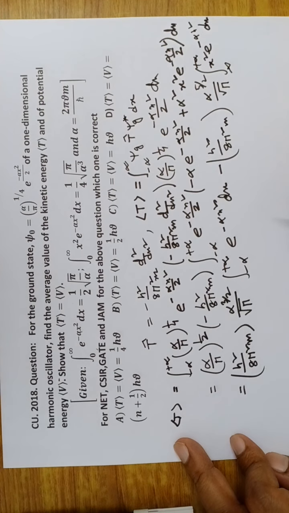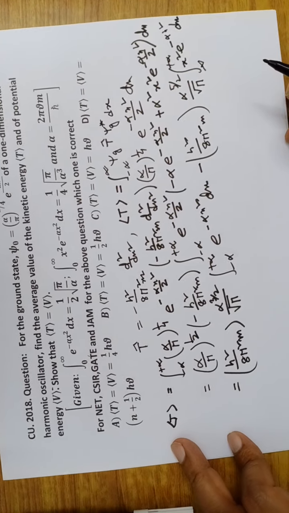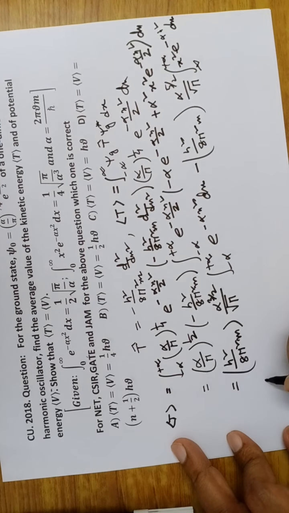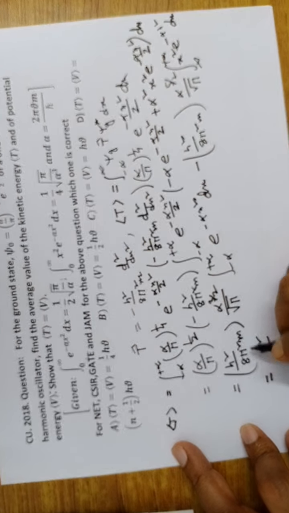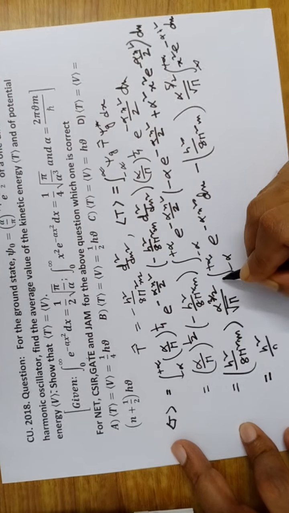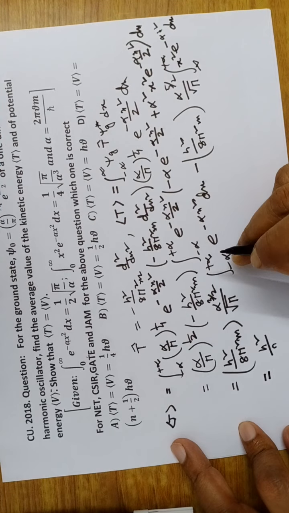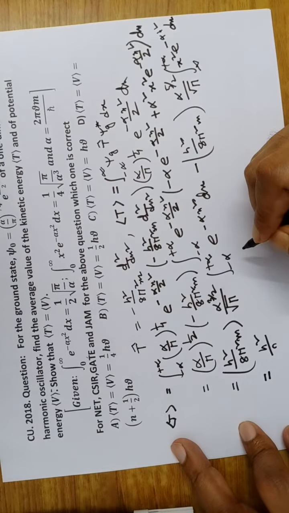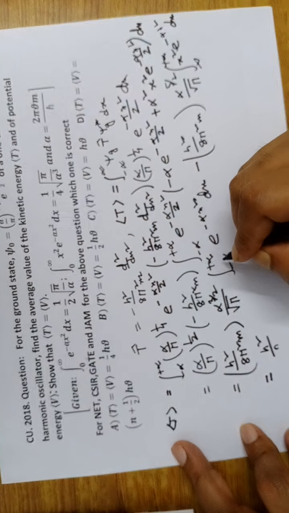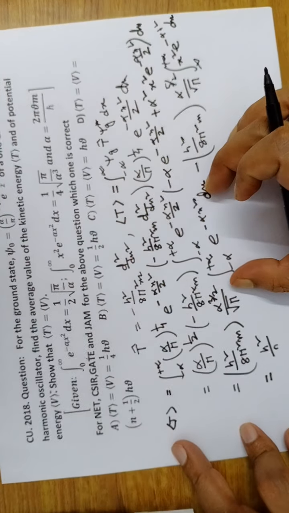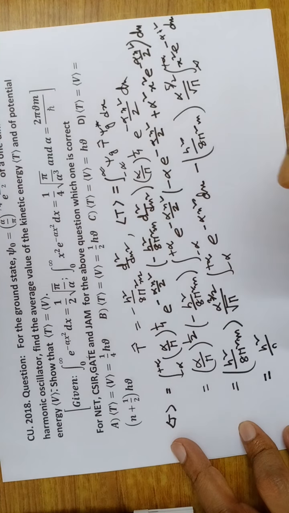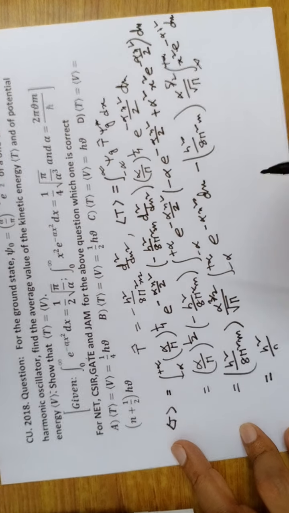Then you can write it in this way: equal to h square by, we can take 2, that means if the integral from minus infinity to plus infinity becomes 0 to infinity, then it will be 2 times, from the integration rule.